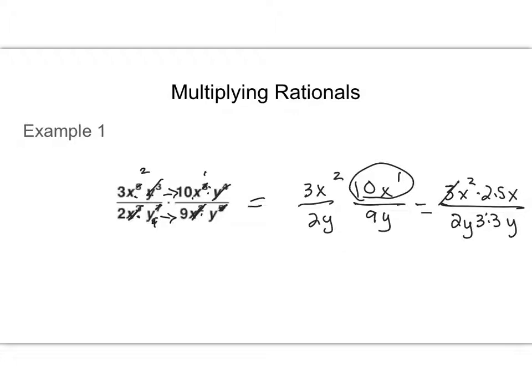And if you look, I can cancel out a few more things here. And what I'm left with is simply 5x cubed, right? I have 3 x's total over 3 and then 2 y's, so y squared. And that's my final answer.